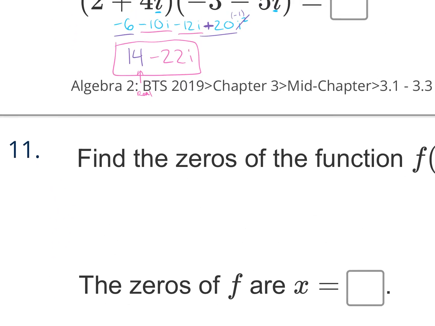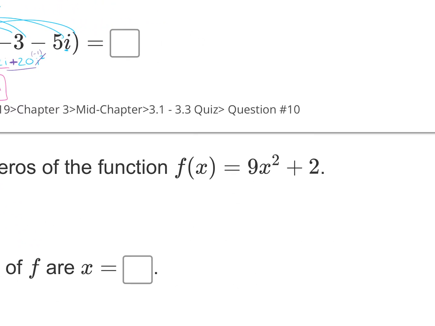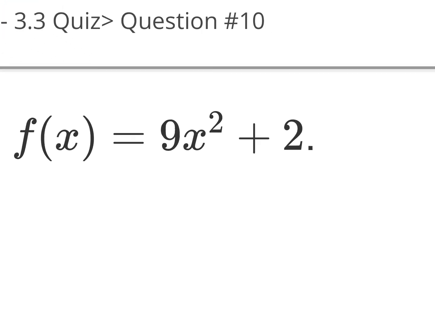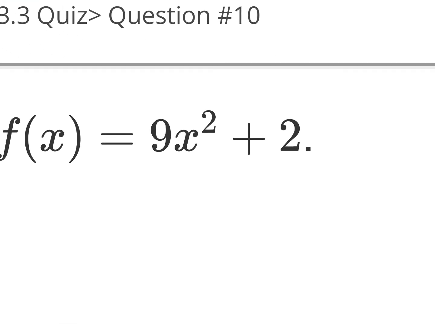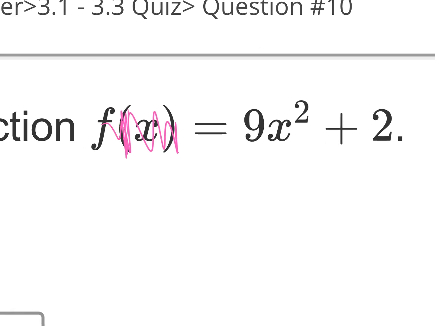All right, 11. Find the zeros of the function. So to find the zeros, it's the same thing as solve. We would just change the f of x part to be 0. We're just solving this. So 9x squared plus 2. Should I solve by doing the square roots or factoring? Square roots.